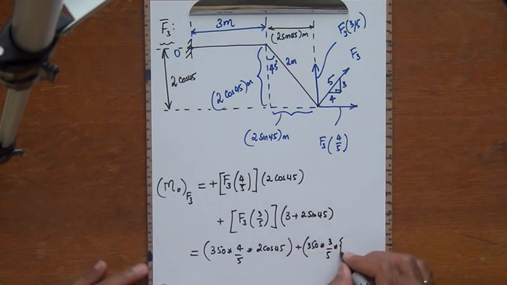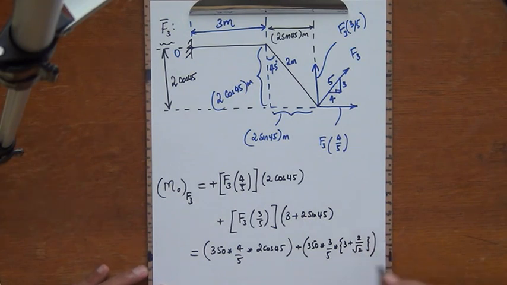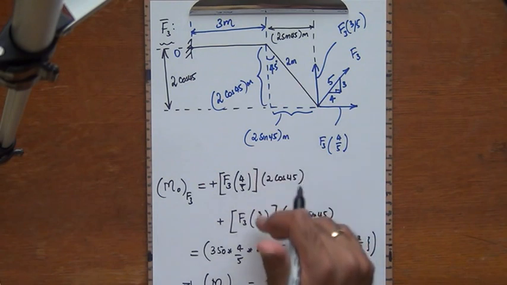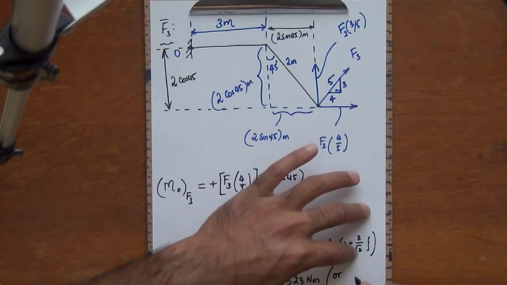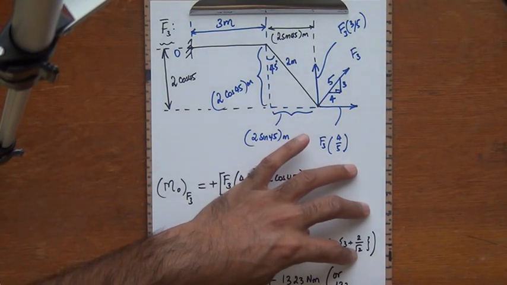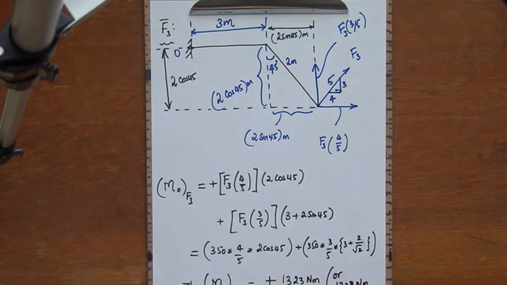Right, so that's going to be 3 plus 2 by root 2, and if I add these up, I'm going to get the following. The moment about O due to F3 is positive because both these components are positive. I get a positive value, and this is approximately 1323 Newton meters, or you can write this as 1323 Newton meters in the counterclockwise sense. So this was the slightly harder of the three forces.